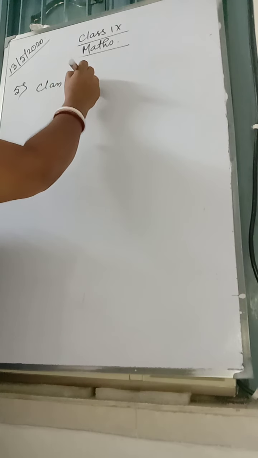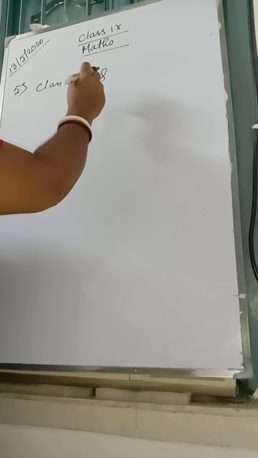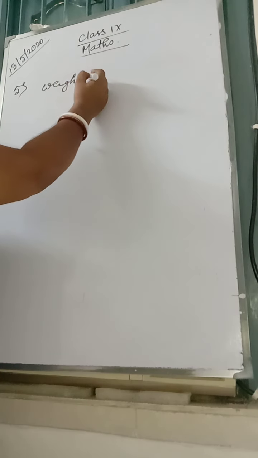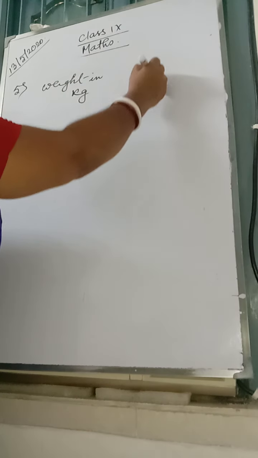So the first column stands for 25 to 30, which is more than 25 and less than 30. That deals with class interval, what is this? Weight, or you can write weight in kg, and this is frequency.